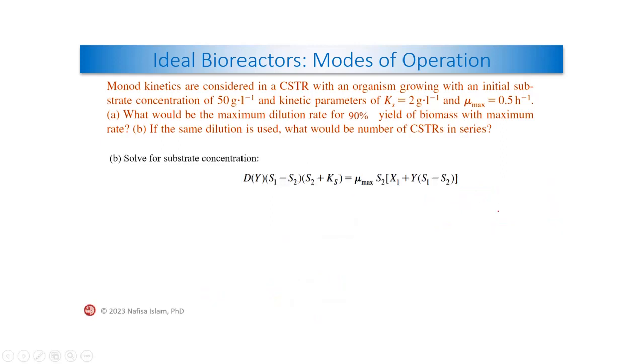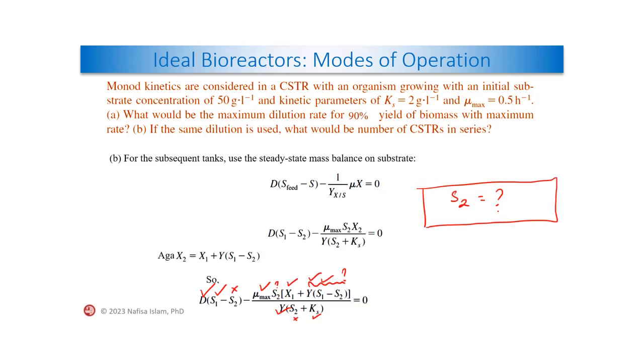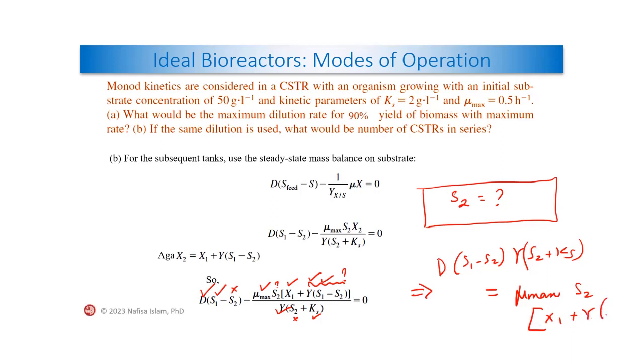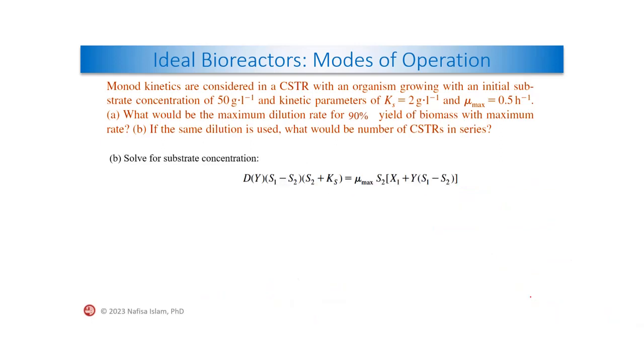Let's simplify this a little bit more, and you do this with me as well. Don't just sit there, copy this whole thing. If I simplify this, D y (S1 minus S2)(S2 plus KS) is equal to mu max S2 (X1 plus y (S1 minus S2)). If you simplify all this, you're going to get terms like D y S1 S2 minus D y S2 squared and so on.